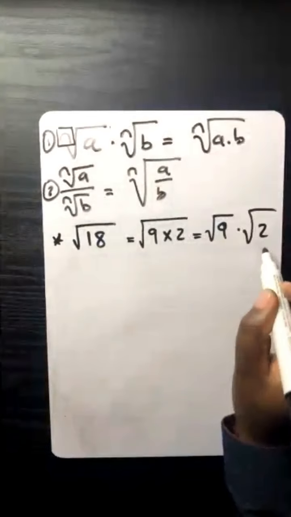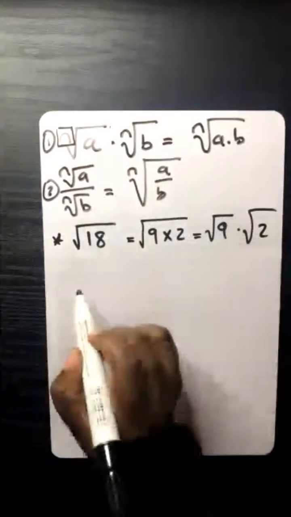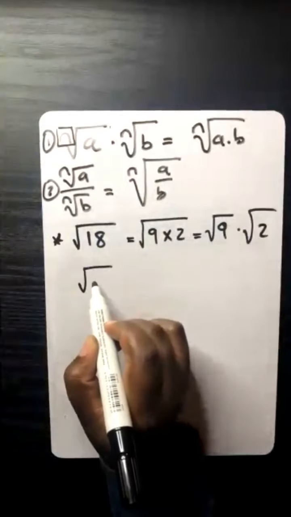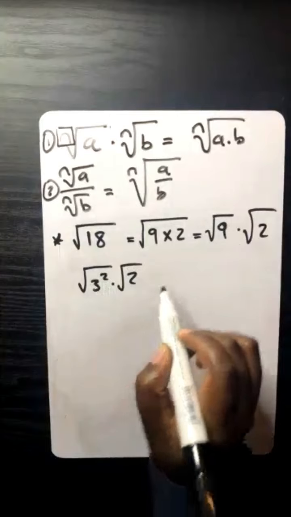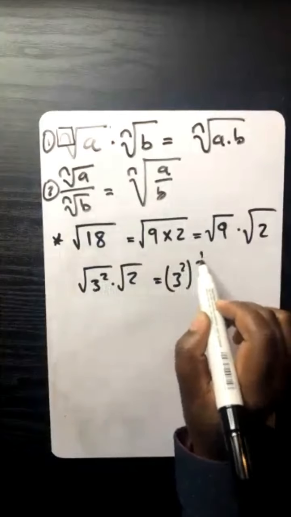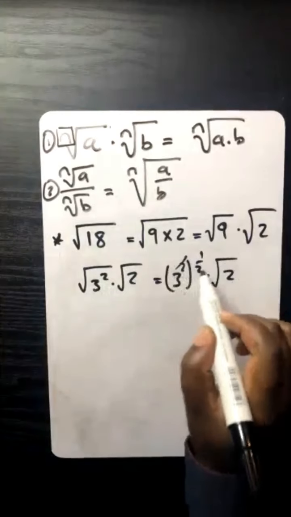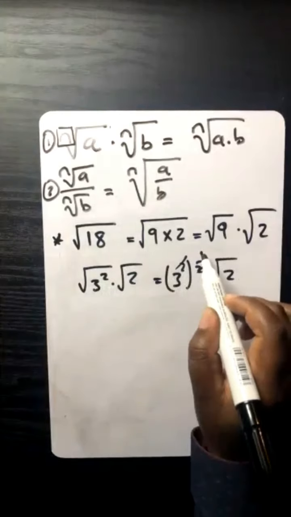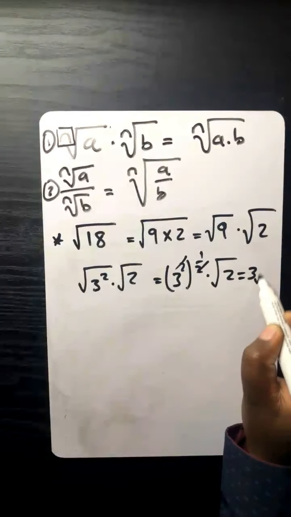So you can therefore say square root of 9. You know that is 3 squared multiplied by square root of 2, whereby you know this is the same as that multiplied by square root of 2, and you know that cancels, you have 3 to the exponent 1, which is the same as 3 to the exponent 2.